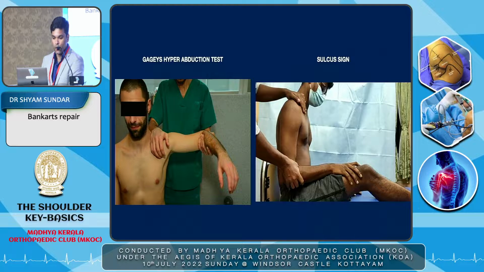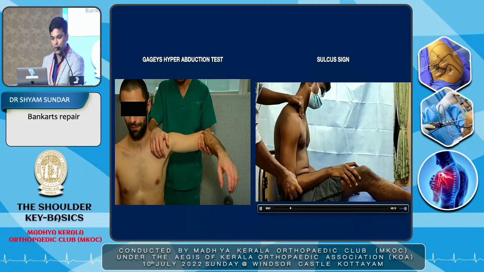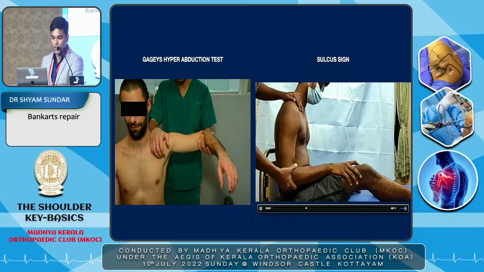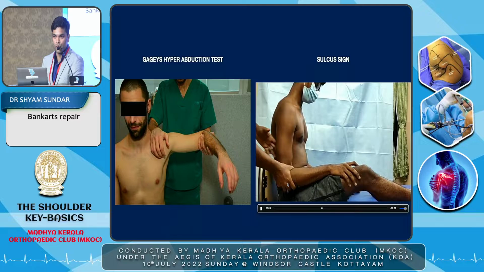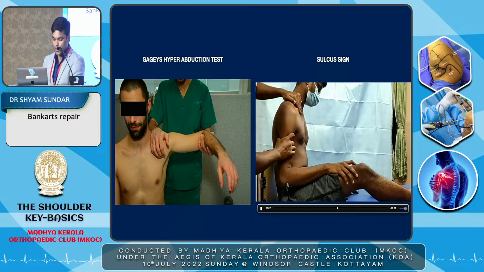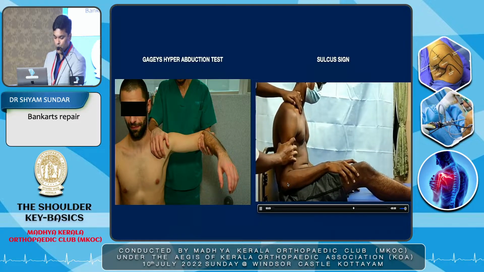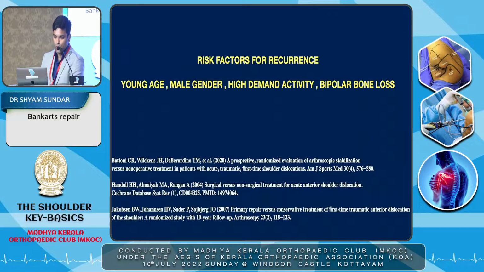In addition, always keep in mind there is shoulder laxity syndrome, and tests such as the Gagey hyperabduction test and the sulcus sign are part and parcel of your examination. Pay attention to these subtle signs which help in decision making. The most important risk factors for a patient to develop recurrence in shoulder dislocation are young age, male gender, high demand activity, and presence of bipolar bone loss.